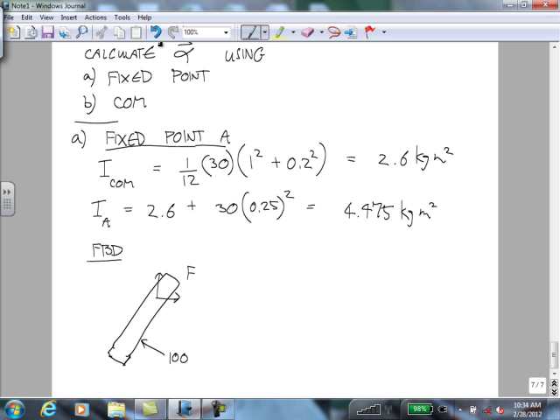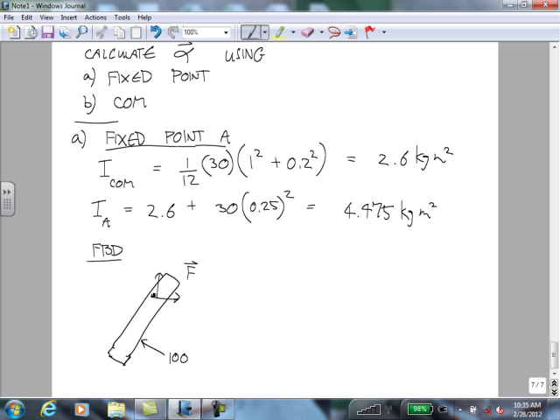So this one's 100, and this one, do we know anything about the direction of this force? Right, not without using Newton's second law. You can sort of have an idea, do Newton's second law in your head and recognize it's the opposite direction of this, but we'll just write it like F. Okay, we're calculating the moment about that fixed point A, right?